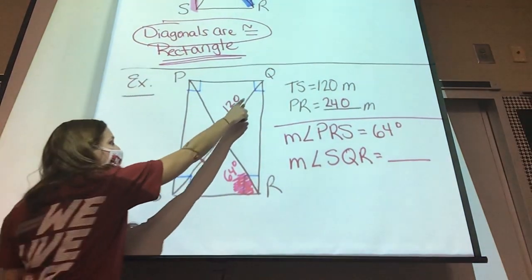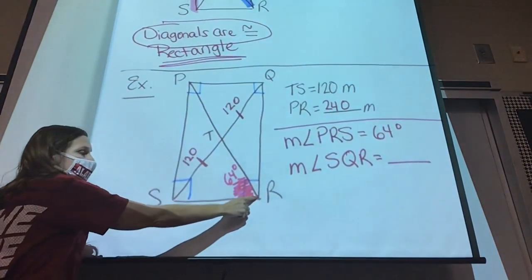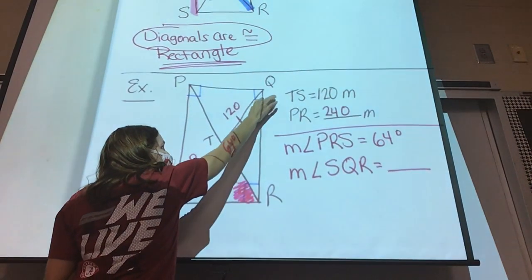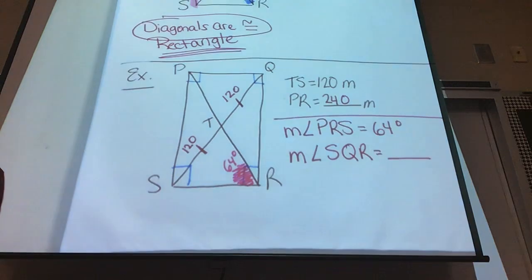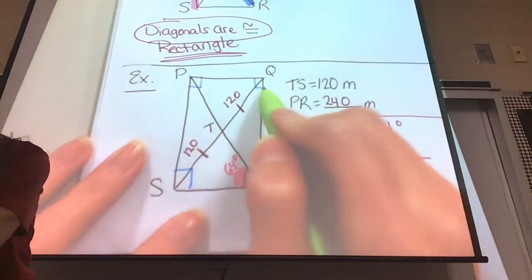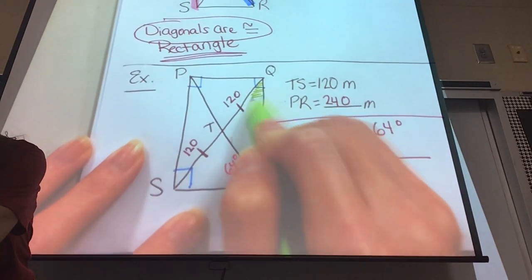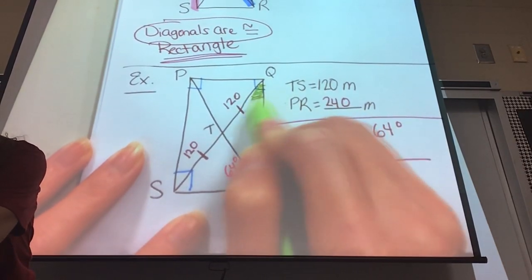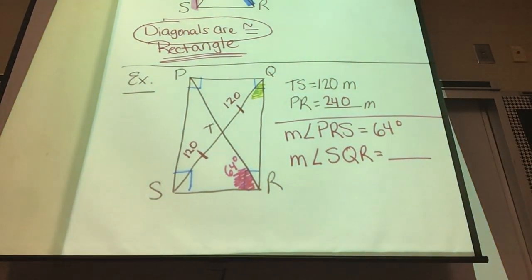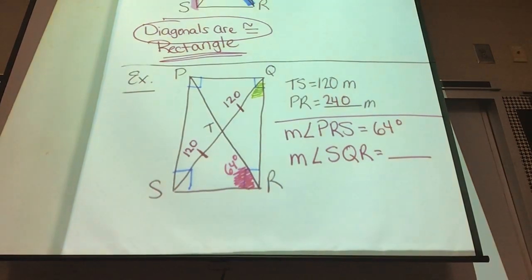SQR. Let me go for Q. So that's going to be this piece. Not the entire angle, just that little piece. So you're looking for that little piece that I've got shaded in green.